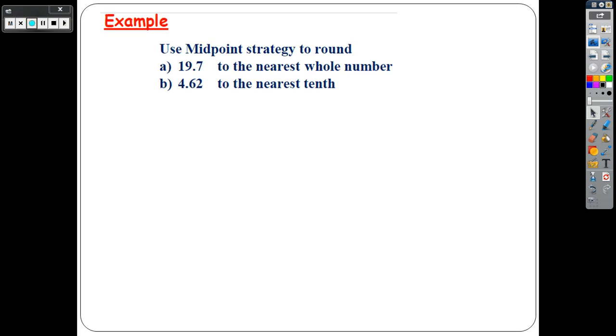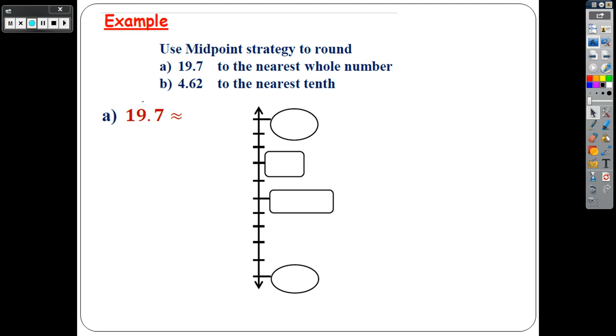This example says: use the midpoint strategy to round 19.7 to the nearest whole number. So you write 19.7 to the nearest whole number.